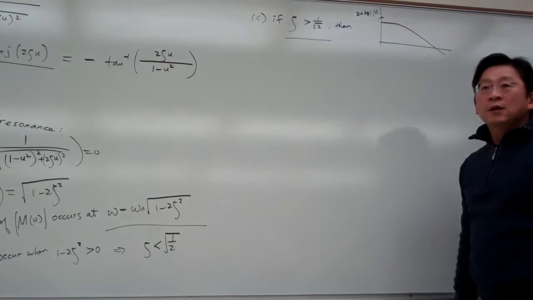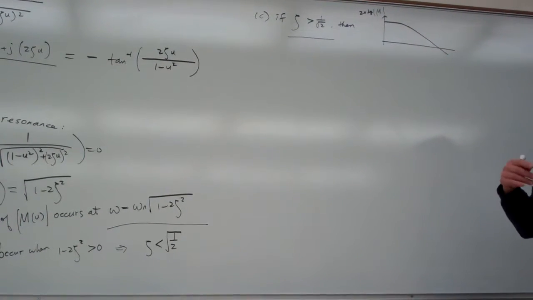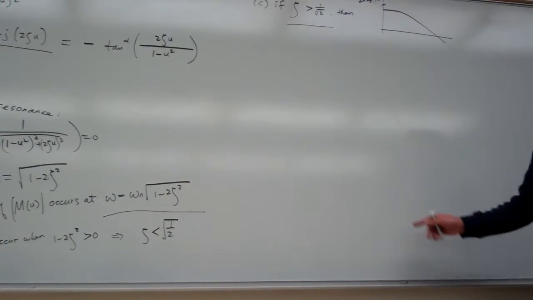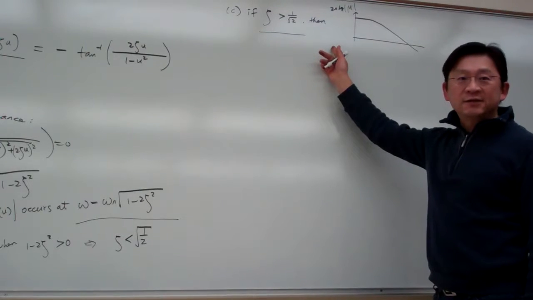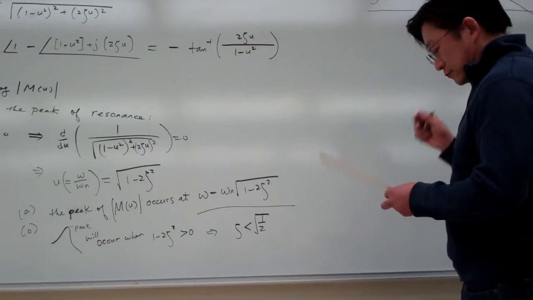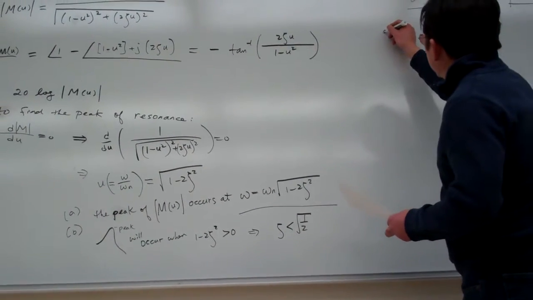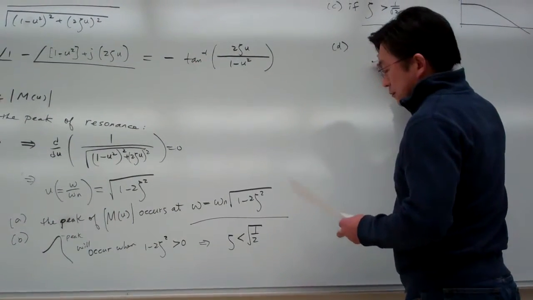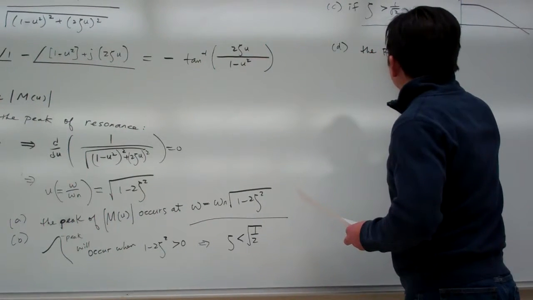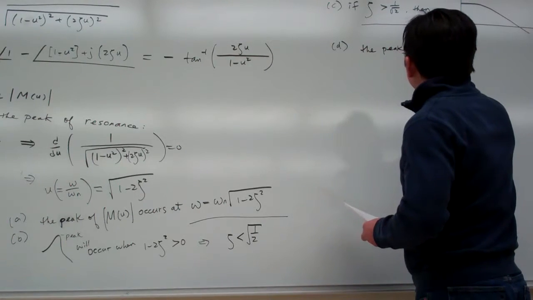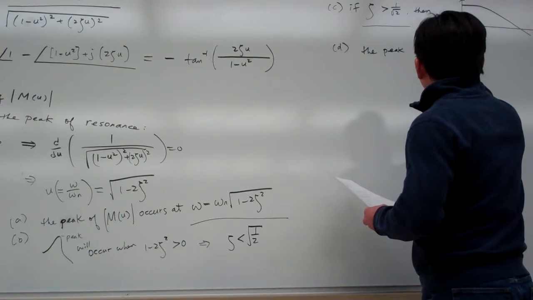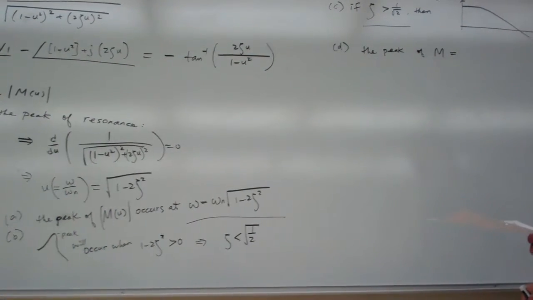So when we have the peak, the PM, the peak overshoot, and that range, from here we can get that clearly from this. And for D, the peak of M we can calculate is this.